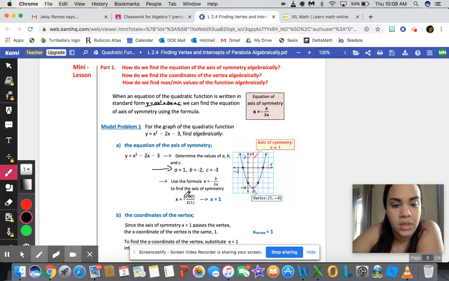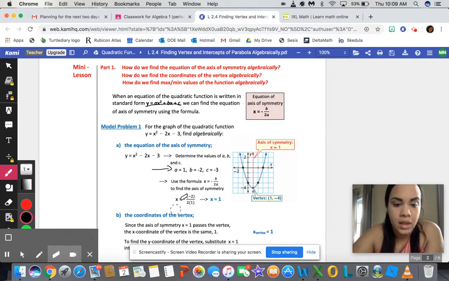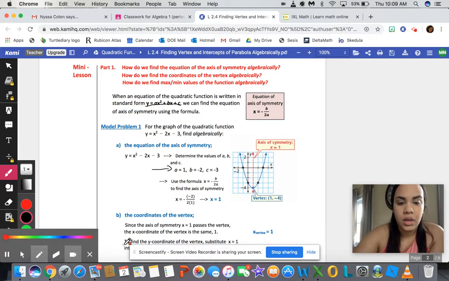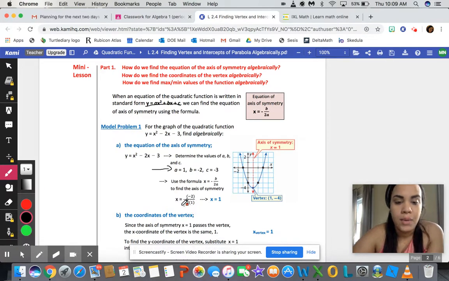So if you see over here, they have the negative, right? And they also have the negative of B. So the formula tells you to put a negative, and then the B is also negative. So if you notice, we have a negative for the formula and a negative for the B.